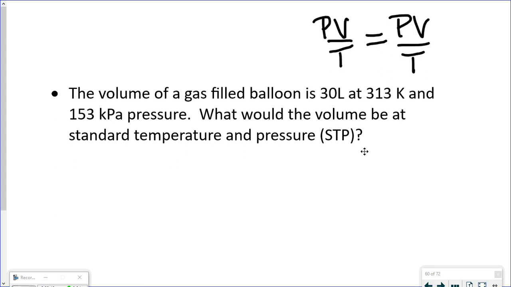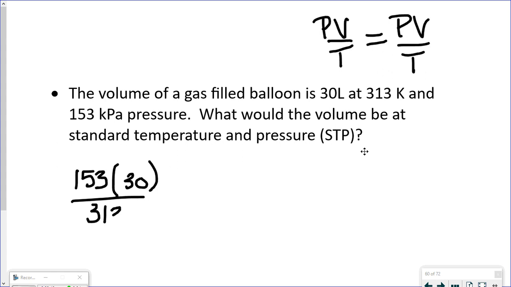So it tells us that the volume is 30 liters at 313 Kelvin and a pressure of 153 kPa. All three of those go on one side together. So our beginning pressure is 153. Our beginning volume is 30 liters. Our beginning temperature, it gave us in Kelvin, so we don't have to convert. That's 313 Kelvin.